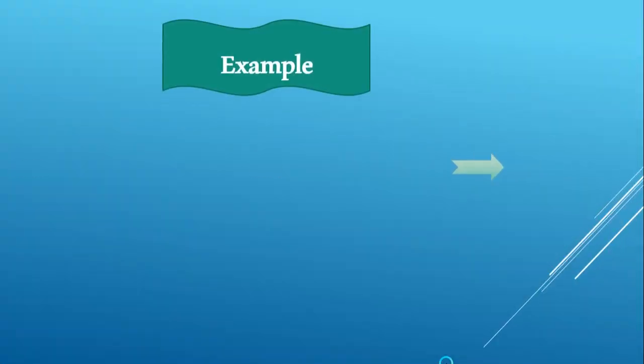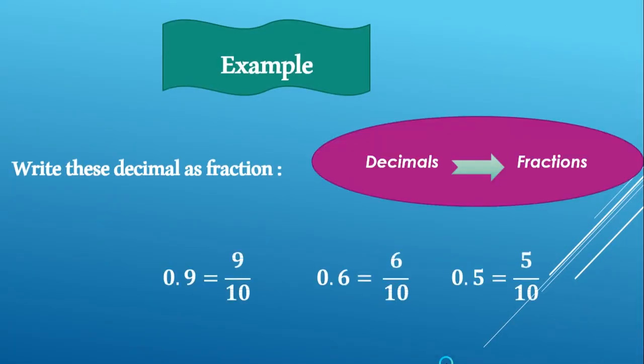So example 1. Before, we saw how to change a fraction to a decimal. Now I will change a decimal to a fraction. It's also easy. Just count how many numbers are after the point.